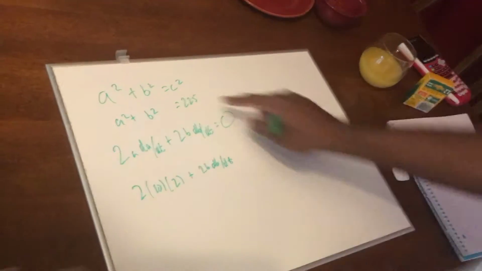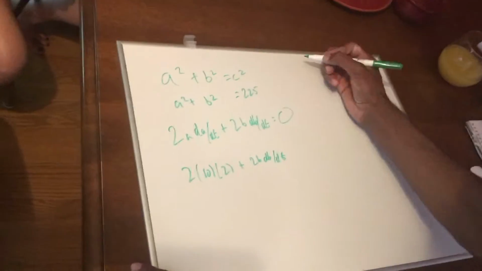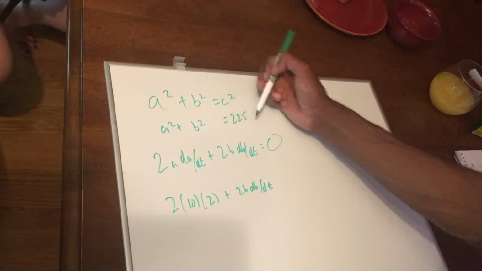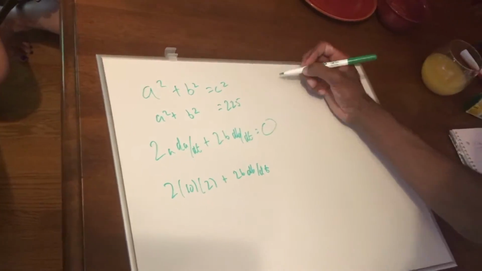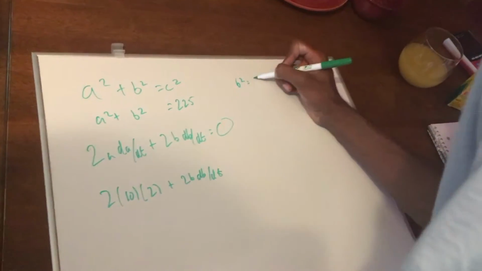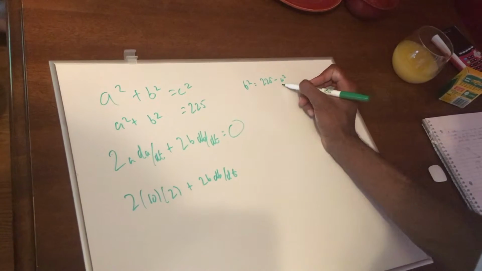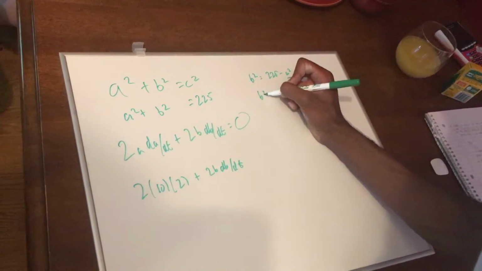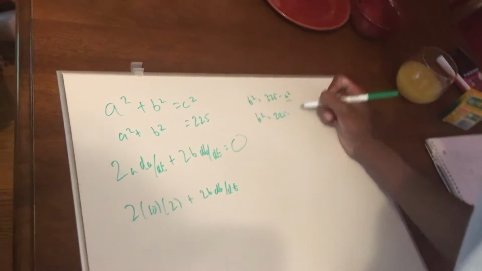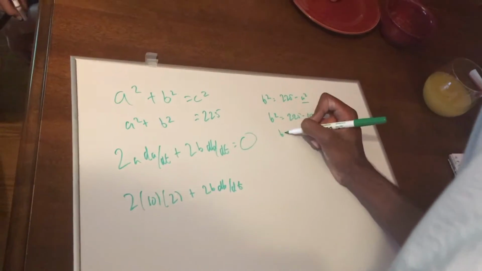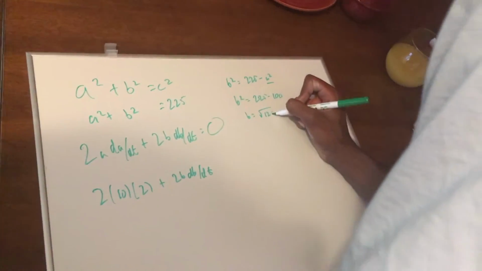Okay, so to find b, we can just use this formula and then solve for b. So b squared equals 225 minus a squared, and we already know a as well, so that would just be b squared equals 225 minus 100. So b equals the square root of 125.